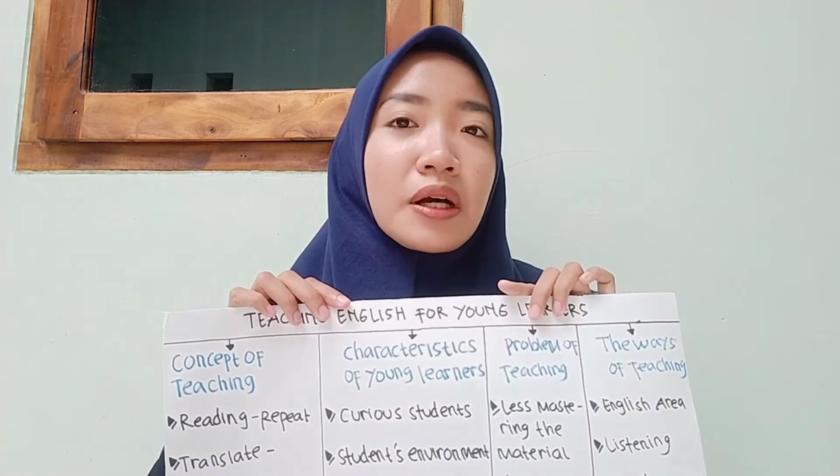Mostly, the students will not be spirited about going to school. It means they will go to school but only play, not study, like that. If the students' environment is good, they will know the importance of education and the importance of study. They will study hard, like that. So those are the characteristics of young learners.